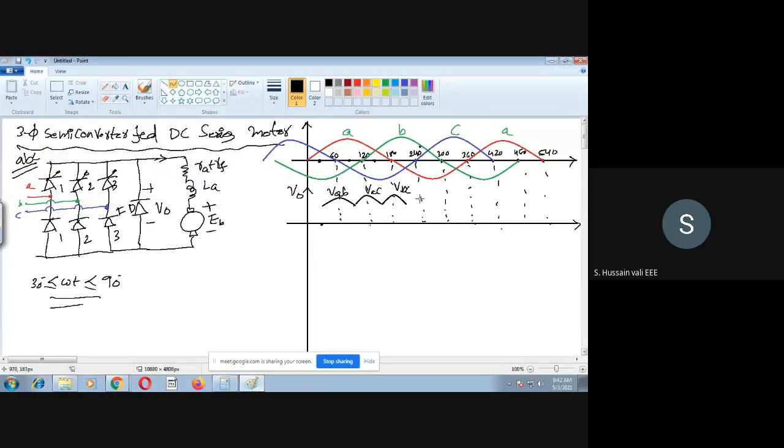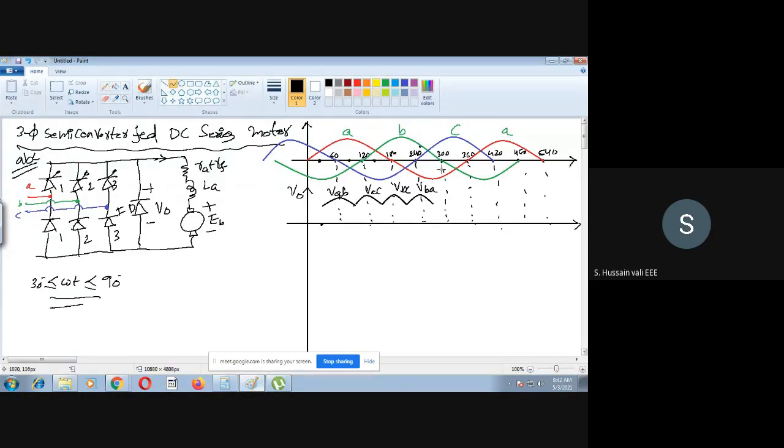Similarly, from 210 to 270, highest is B, lowest is A, so VBA.